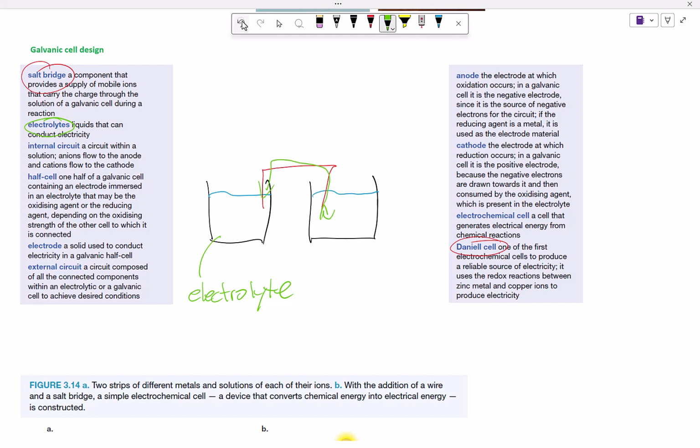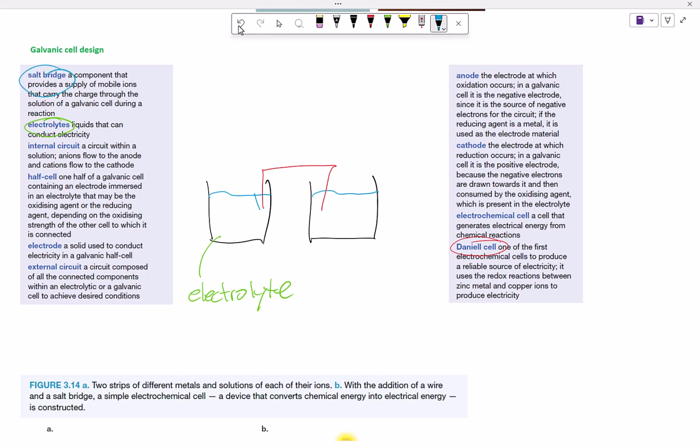And in the same manner, in a different color, I'm going to have ions that go up and travel through there as well. That's the general idea of what a salt bridge is doing. It's allowing for the movement of charge between the cells.